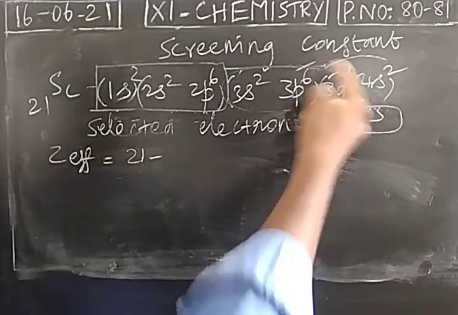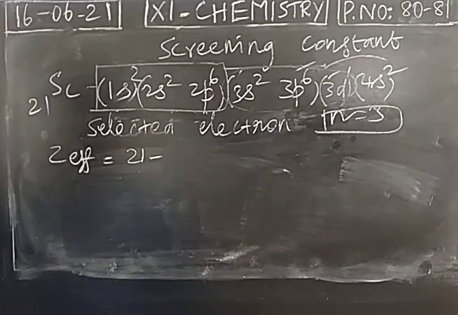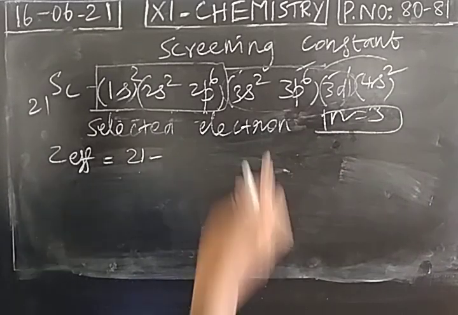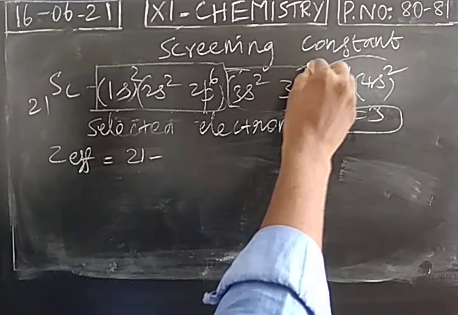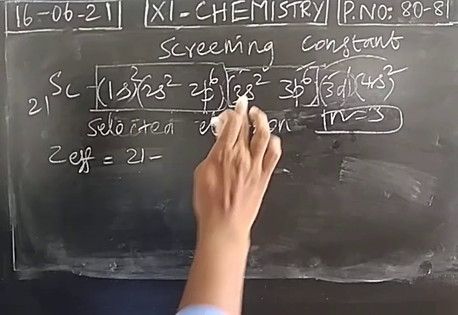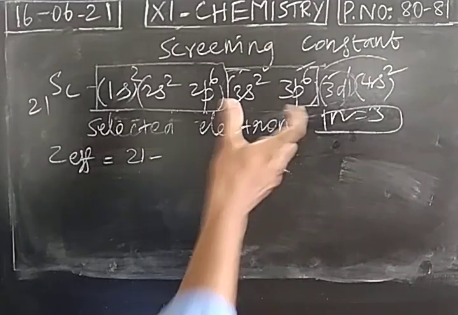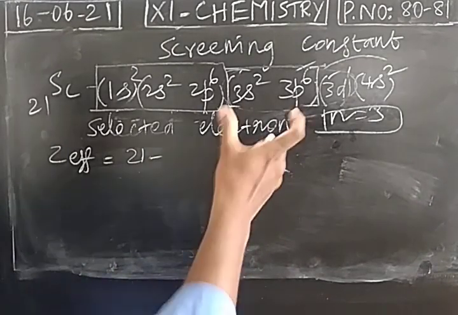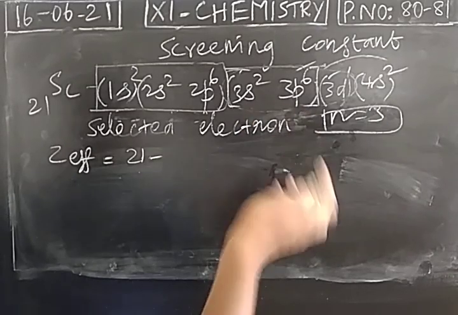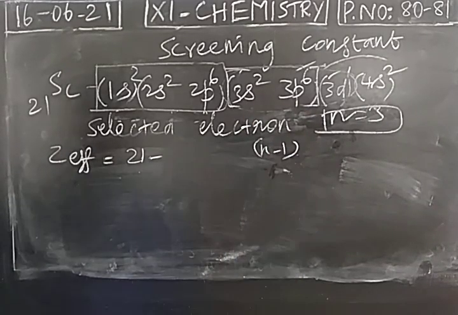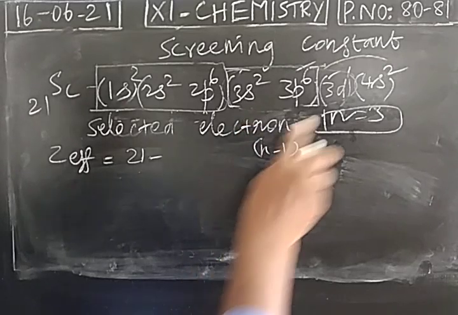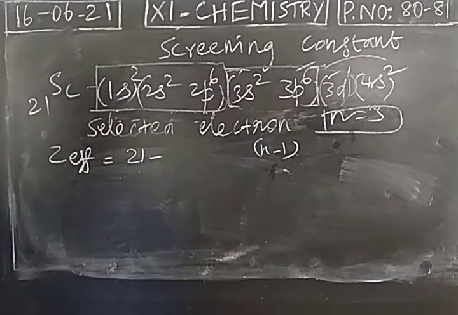Okay, when you consider the electron in the 3d orbital, the nth cell is the third cell, but in the first point itself, we said 3s 3p will be placed as a separate group. So this is considered as the n minus 1th group. This is only because of selecting a d electron.